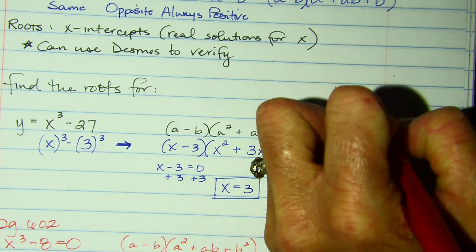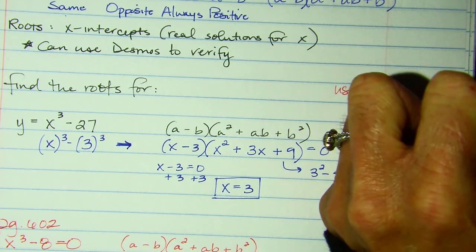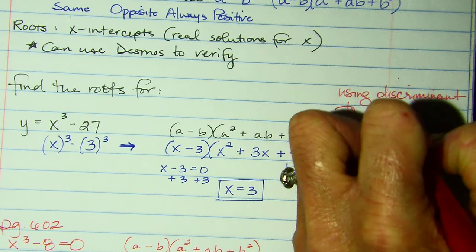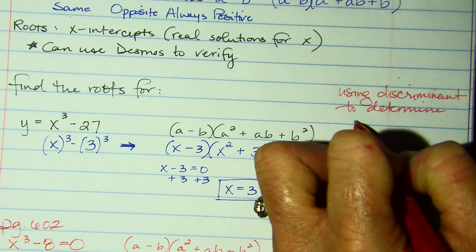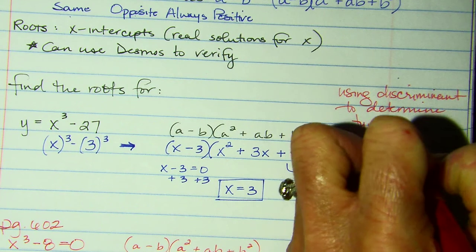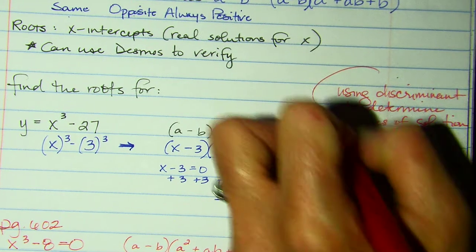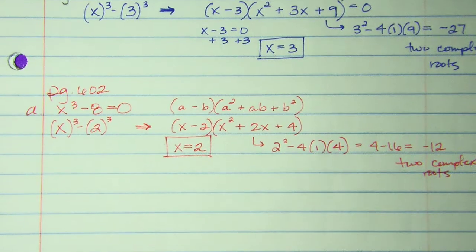So notice I'm using the discriminant to determine types of solutions. It'll also help me determine if I can factor it. All right, let's try lesson practice part B.